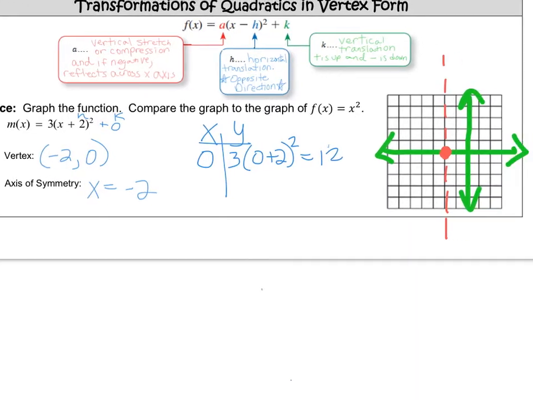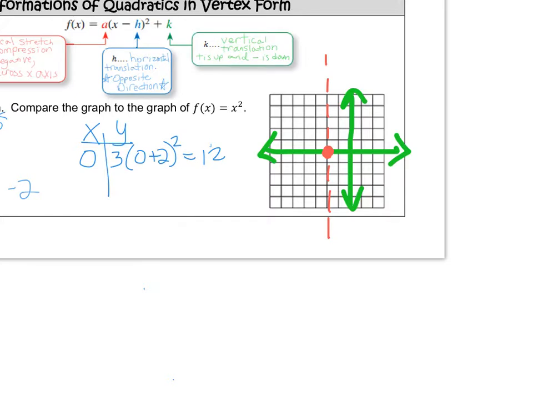So let's go ahead and graph that on my graph. Remember that I'm going by 3s on my y-axis. So 3, 6, 9, 12. So right up there is 0, comma 12. That's the point 0, comma 12. Now, the way we can use our axis of symmetry is it's exactly equal distance from a point because it's symmetrical.